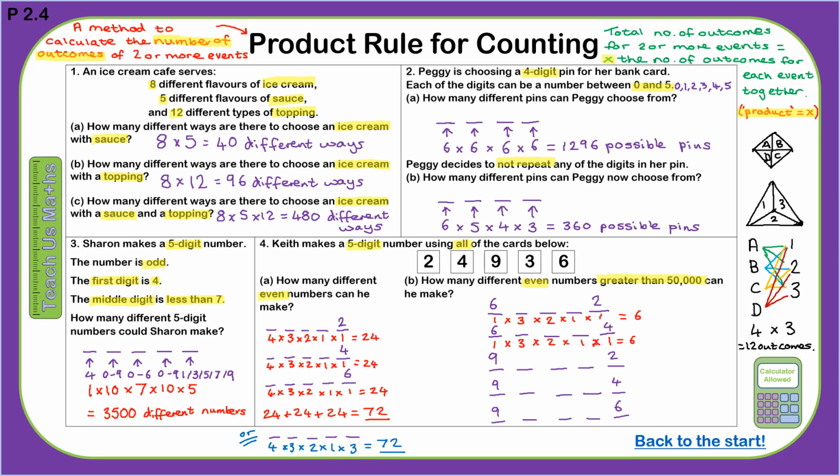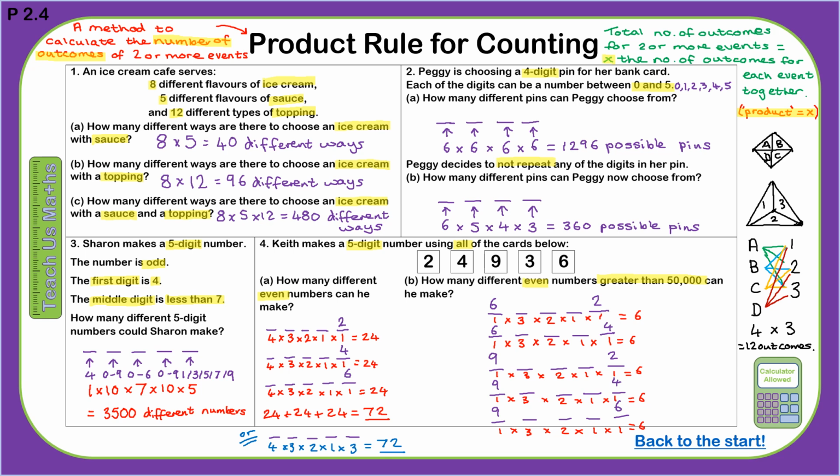And then same again, 1 times 3 times 2 times 1 times 1. Another 6 options there. Another 6 there. Another 6 options there.